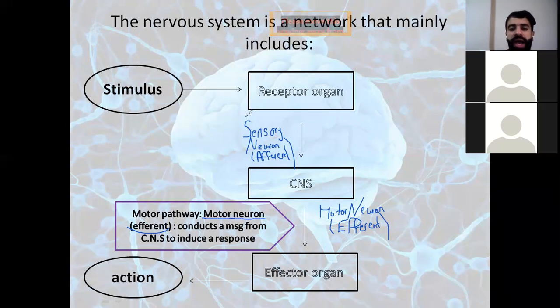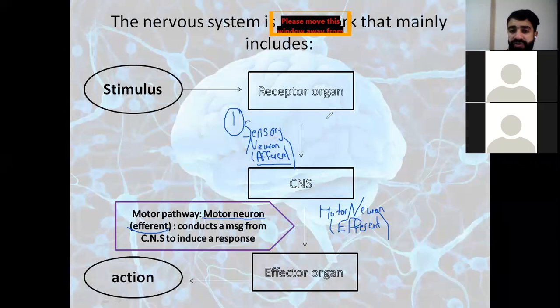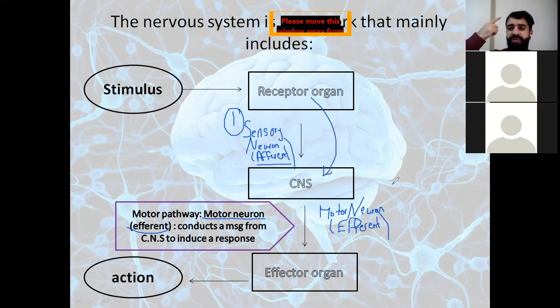So till now, we have two different types of taxis. The first one is the sensory neuron, which is called afferent. You have to know both terms. The sensory neuron or afferent carries the message from the receptor organ or the sensory organ to the central nervous system. Then the central nervous system analyzes the information, integrates it, and takes the proper action or decision.